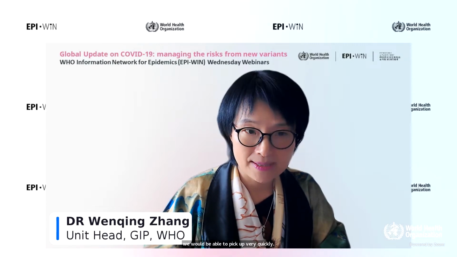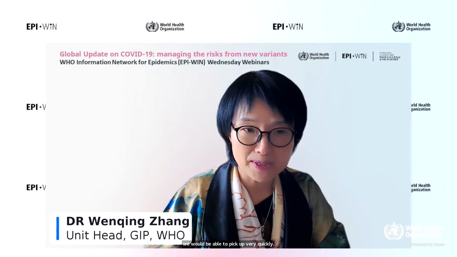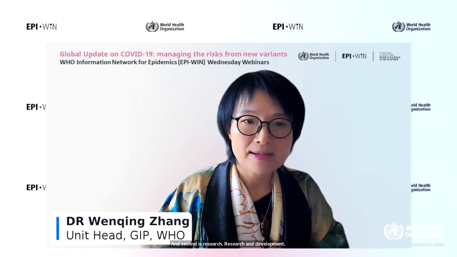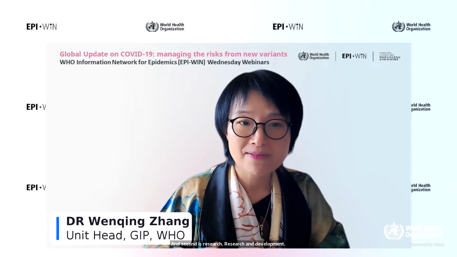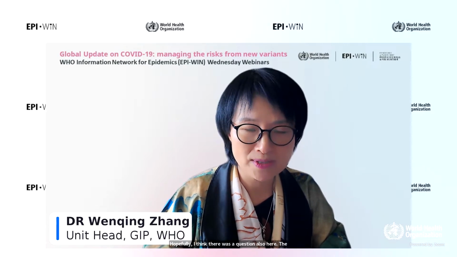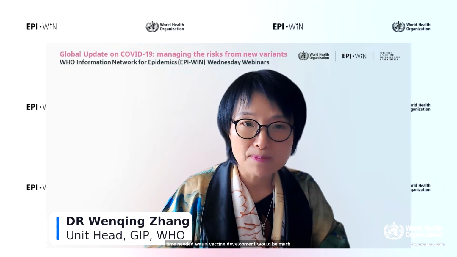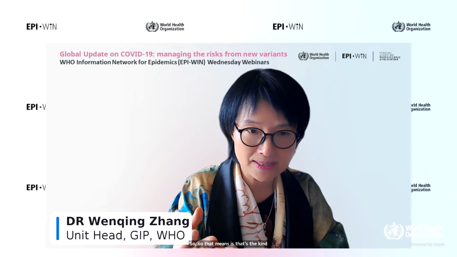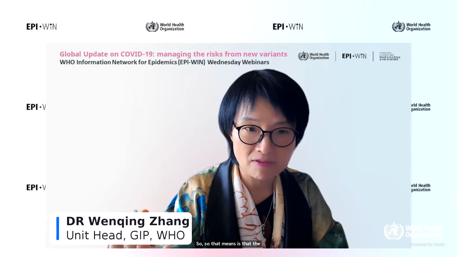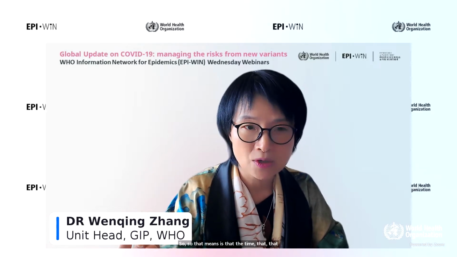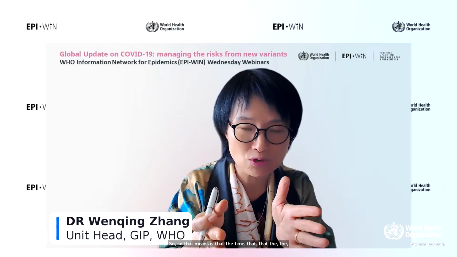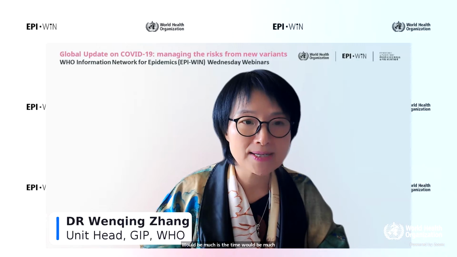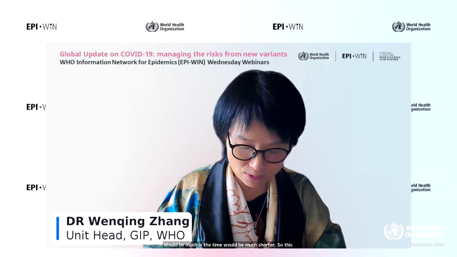And second is research and development, so that the time needed for vaccine development would be much shorter. That means the time between the emergence of the next pandemic strain and the availability of the first-dose pandemic vaccine would be much shorter. This is the research and development that we need to pursue.